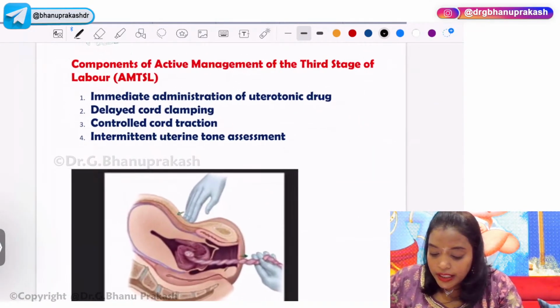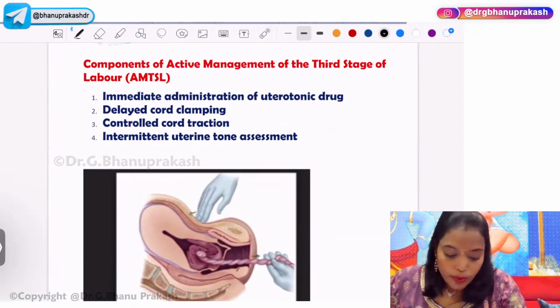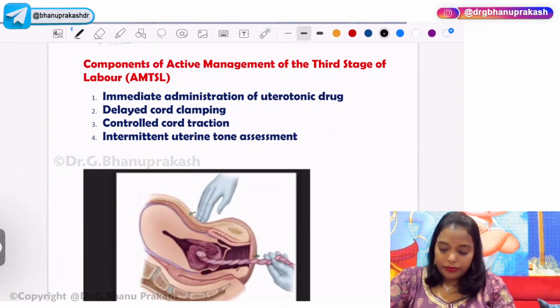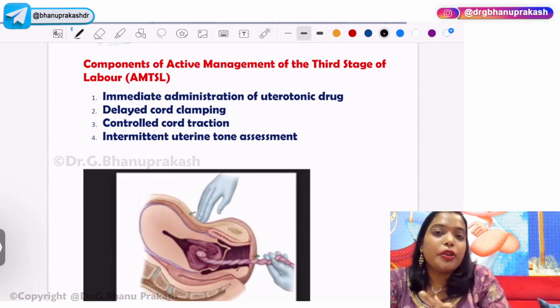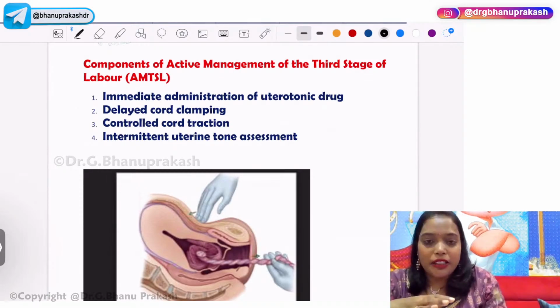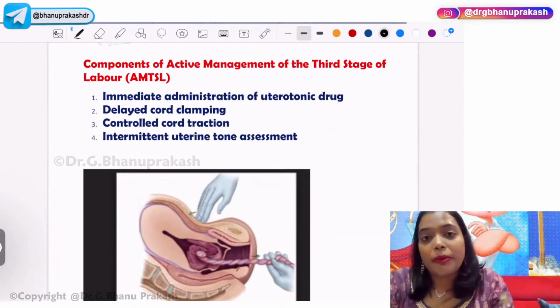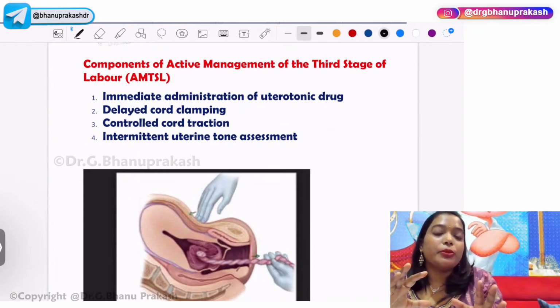Coming to the third stage. Third stage is expulsion of placenta. So what is this maneuver which you're seeing in the picture? Third stage has two modalities of management: passive management and active management. What are the steps of the active management of third stage of labor?